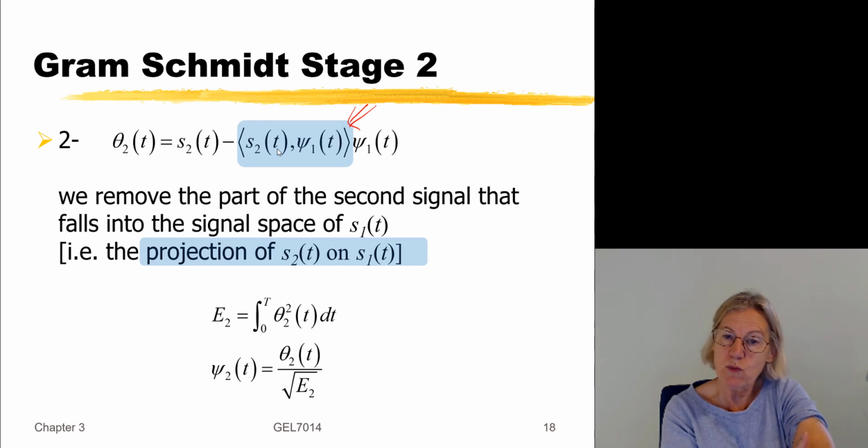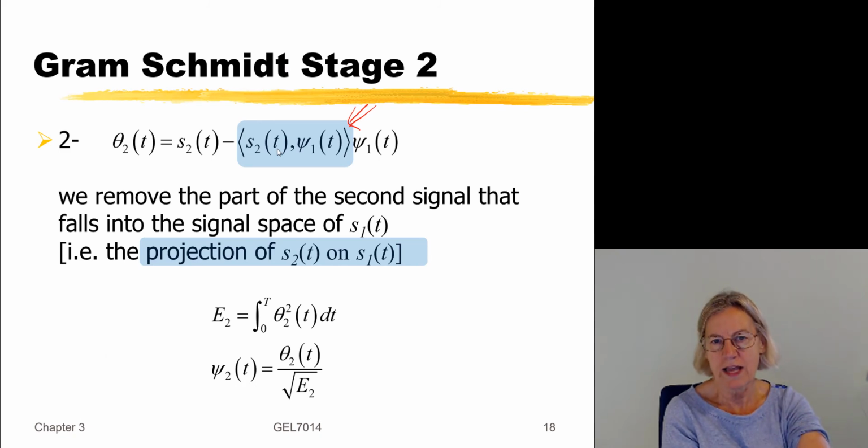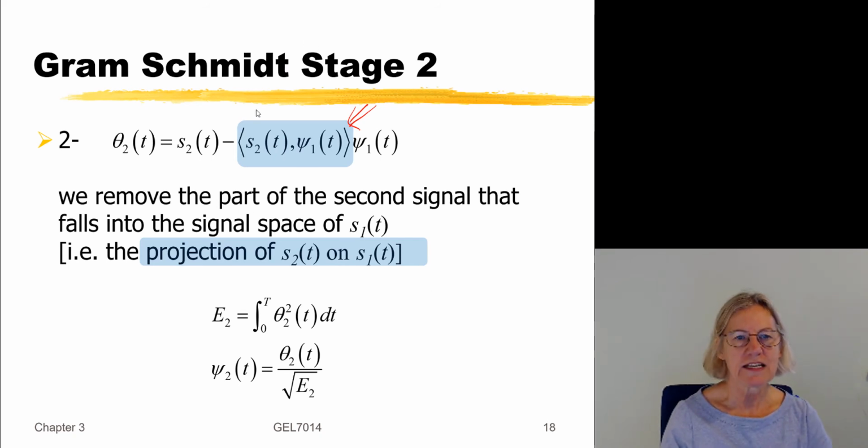What's left is what cannot be represented by C1, and that becomes C2, my second basis vector. Here we have an intermediate step. We call it theta 2 because it hasn't been normalized yet. Basically, I take S2 minus its projection onto the previous basis vector.